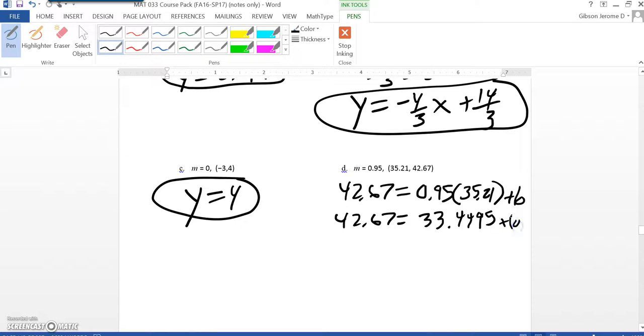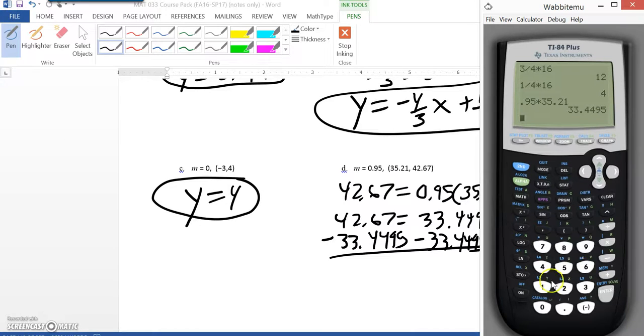Plus b. Now we will subtract 33.4495 on both sides. Put that in our calculator. 42.67 minus 33.4495.